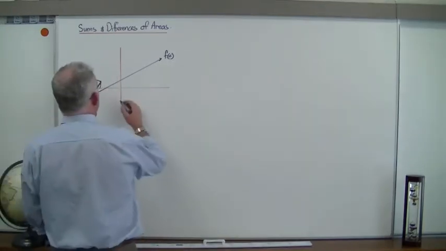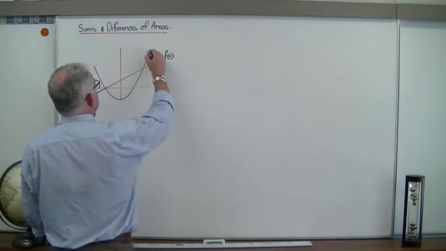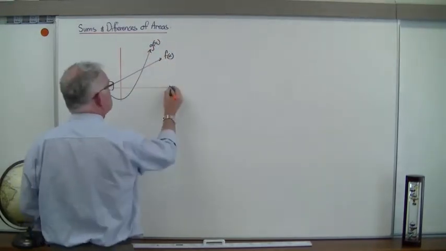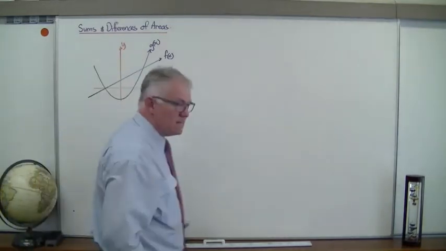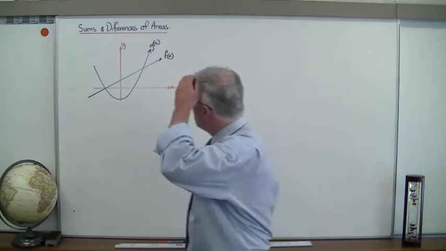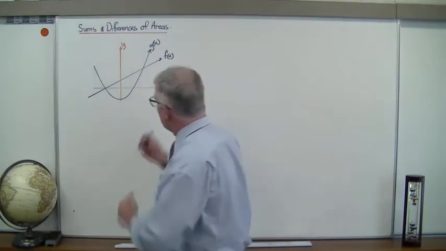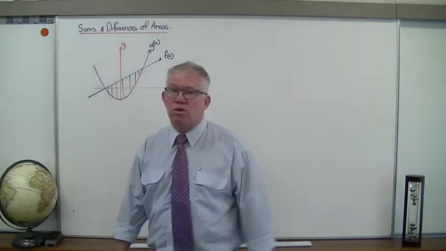And then maybe I've also got a function that goes like this, and we'll call that function g of x. Okay, so we've got these two functions that we're dealing with, and we might want to find out what the area is that's bounded by those two functions. And quite clearly, this is the area in here that we would be looking for.